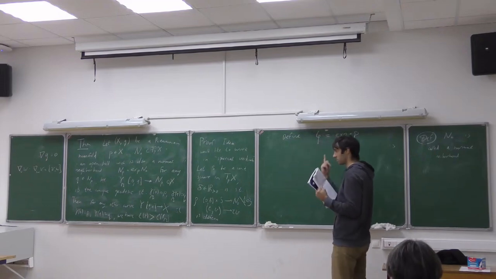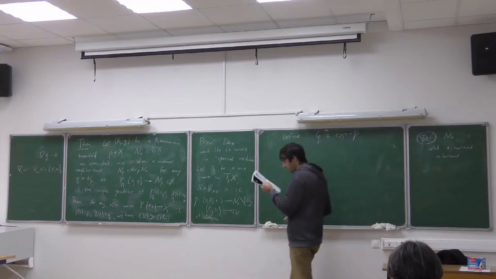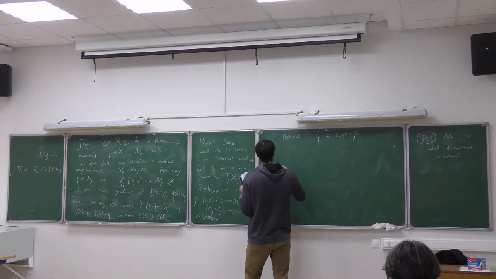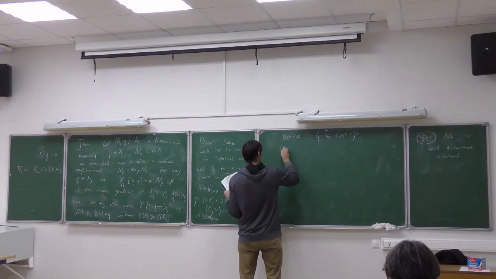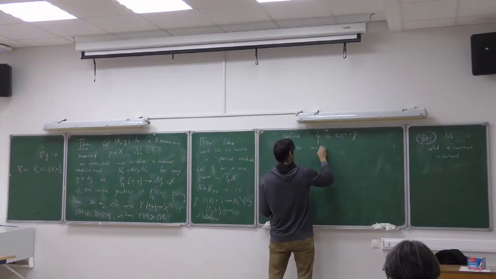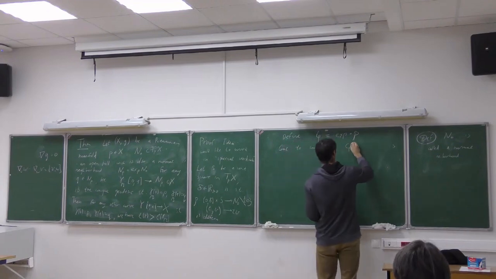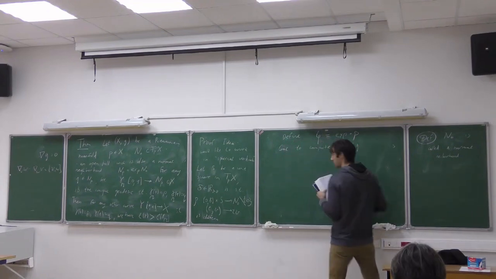Let's have sphere and then radius also. Okay, and our goal is, we would like to compute the pullback with respect to phi of the metric.